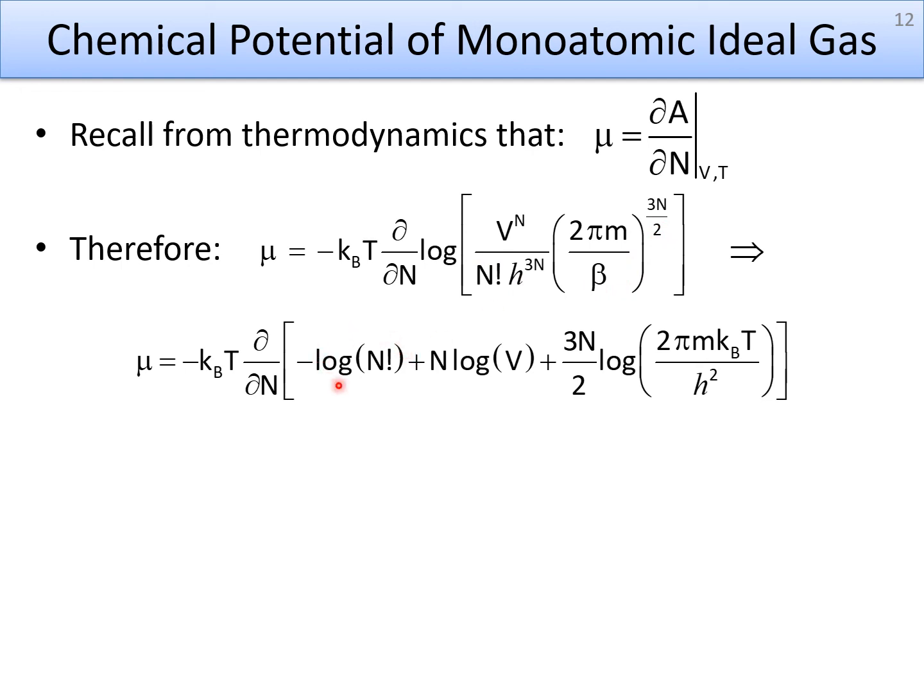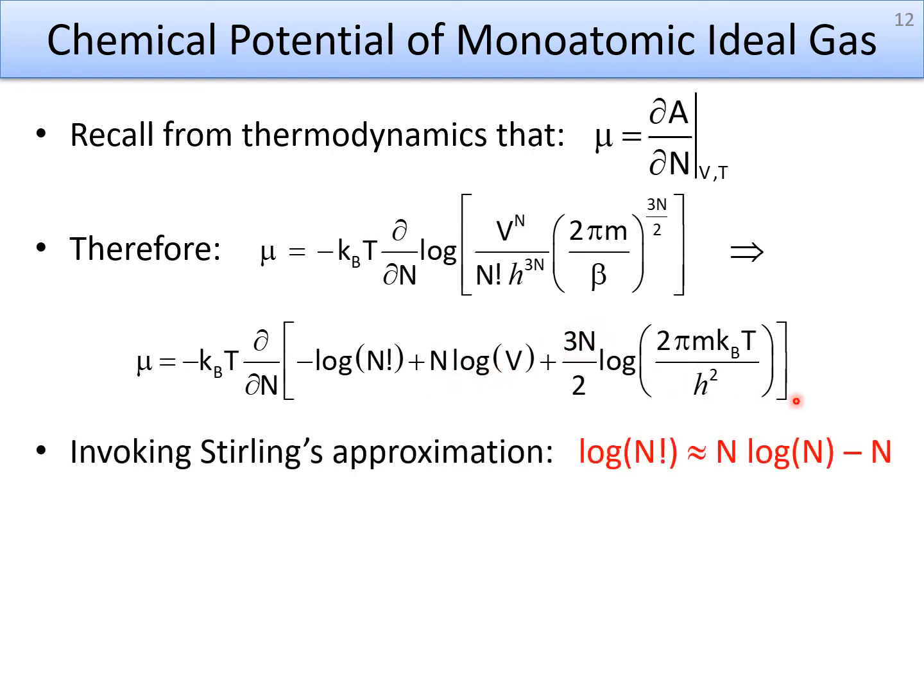So we get this log n factorial, and of course this comes from the volume, and then we have this 3n over 2 times the logarithm of this, right? Note that this n that appears as a power here, by the properties of the logarithms, can be taken out, multiplying the logarithm, same here.